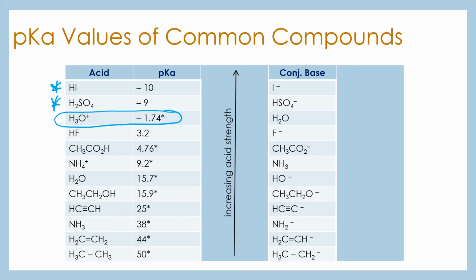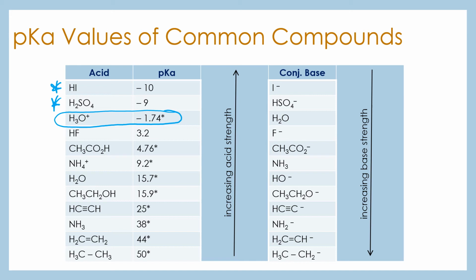It's important to note that on this chart, acid strength is increasing upwards. So our strong acids are at the top and our strong bases are at the bottom. Remember that these are opposites. If something is a strong acid, then its conjugate base is going to be a very weak base. If it's a very weak acid, its conjugate base is going to be a strong base.